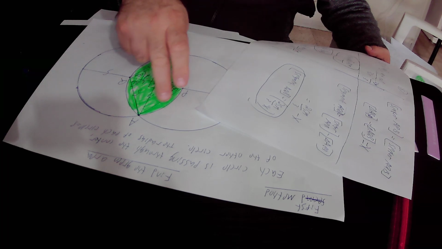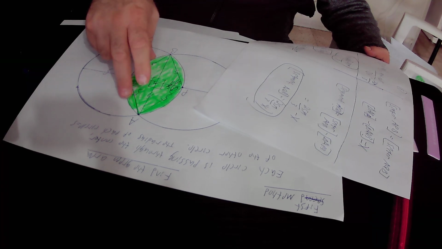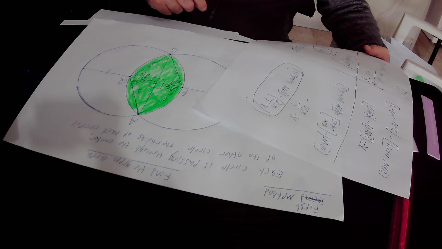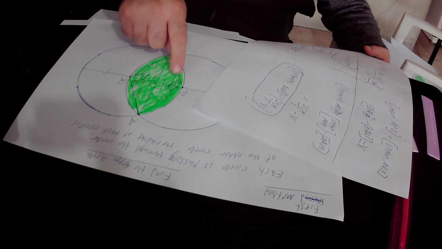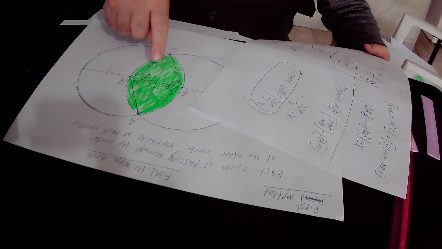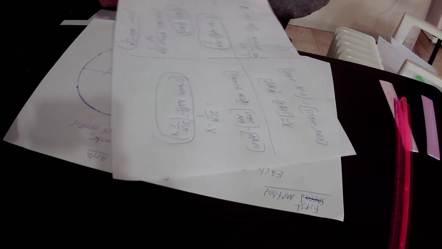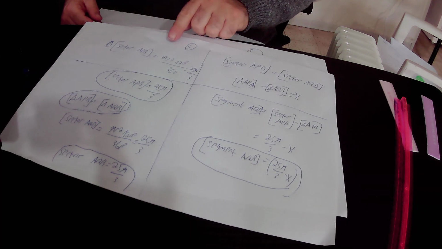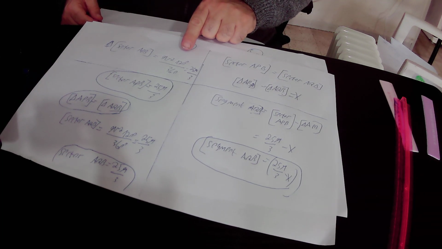Okay, so the area of sector APB equals to pi r squared times the angle between those two legs, that is 120 degrees over 360 degrees.